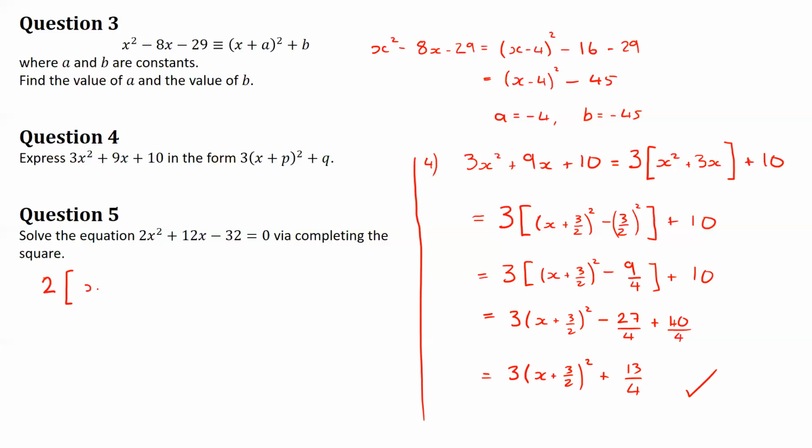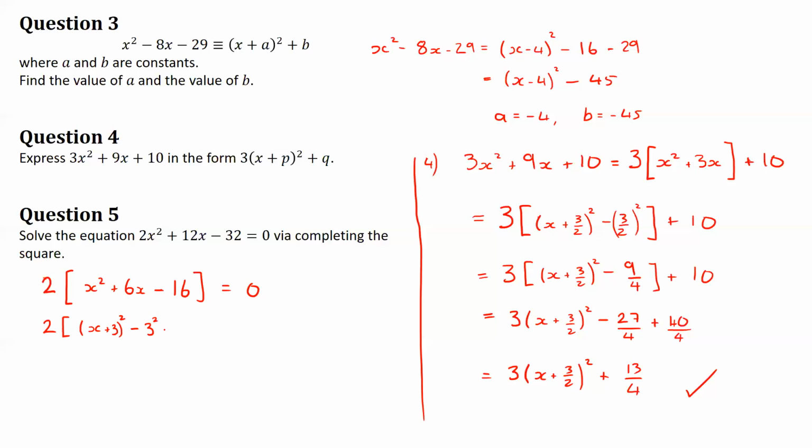So I've got x squared plus 6x minus, this time it's going to be 16. And that's still all equal to 0. So all I'm doing here is adjusting the left-hand side and completing the square there. So this time, keep the 2 on the outside and complete the square of what's in here now. So I've got x plus 3 squared. Don't forget to remove that 3 squared now.